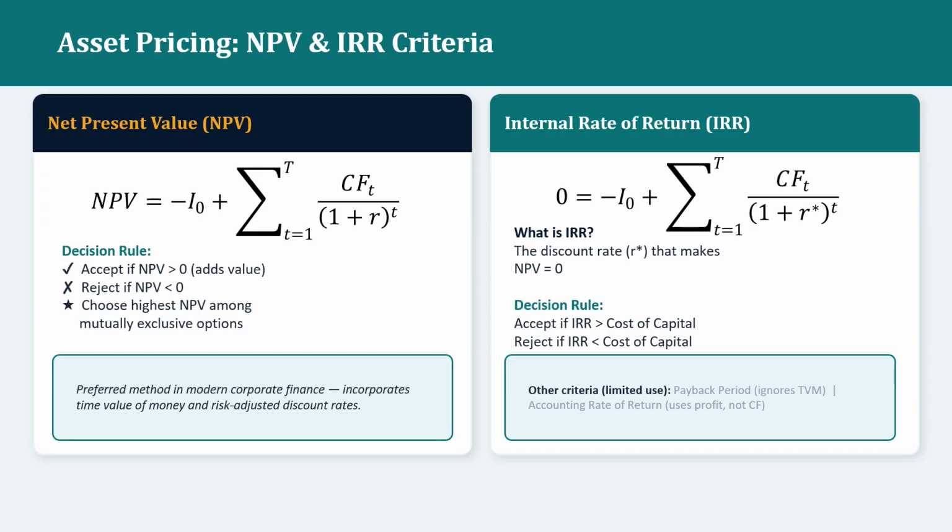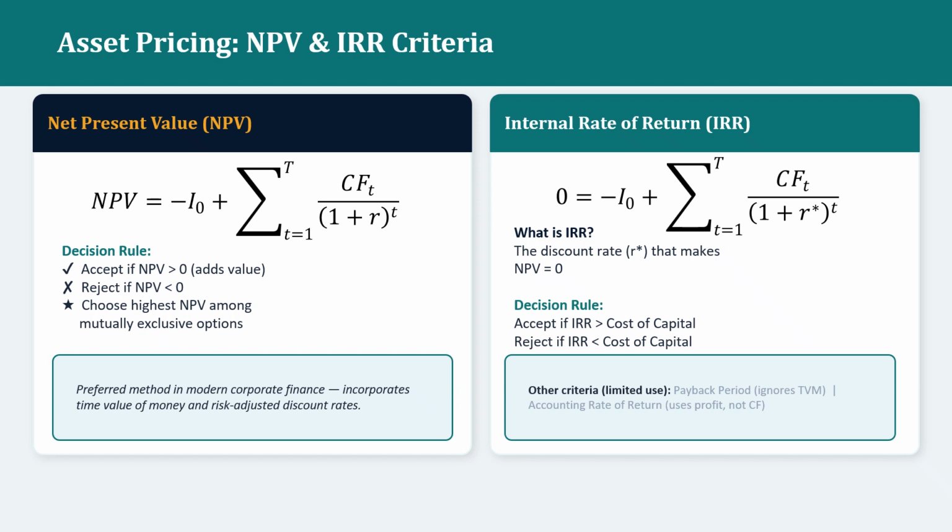Now we will see how we use time value of money to evaluate investment projects using net present value and internal rate of return. Imagine a company is considering a project and has to invest some amount, denoted by say I0, today, and in return it expects to receive a series of cash inflows over the next few years.